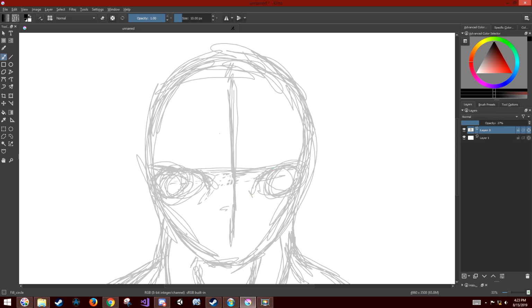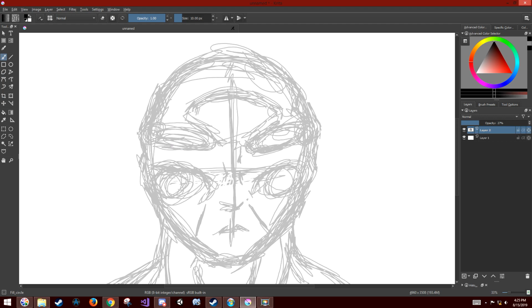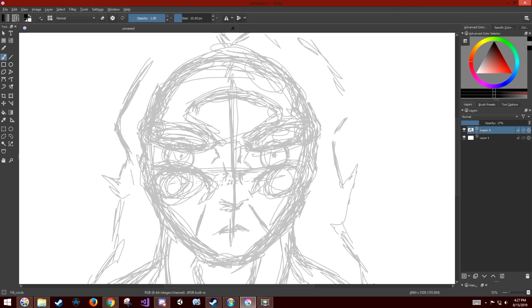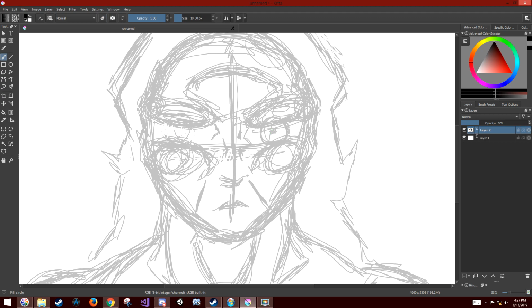I'm defining sections where the eye sockets are and the visible part of the eye is supposed to be. You'll notice me defining sections of cheekbone and areas like that, defining parts of the jaw, the brow line. And then you'll also notice me going through and detailing out from there.